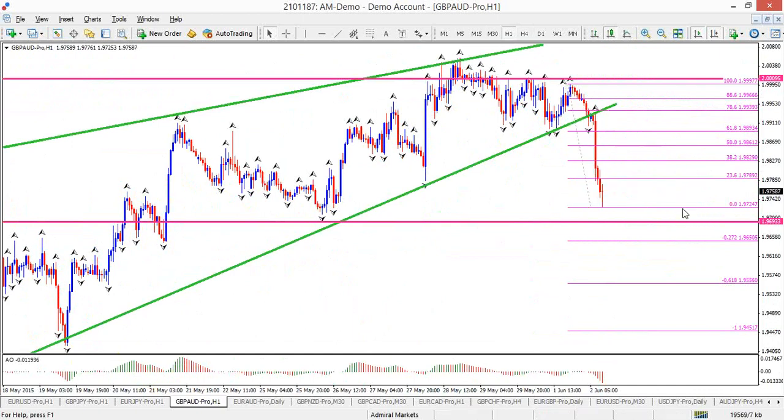And it depends if we're going to get a bear flag or perhaps more likely a zigzag like this. If we get a bear flag, a break at the bottom is a good trade down to the minus 618 target.